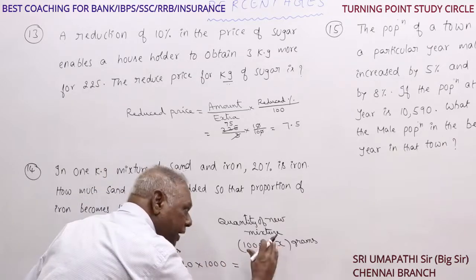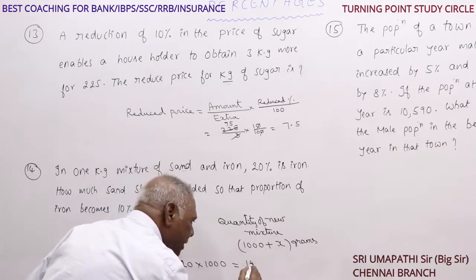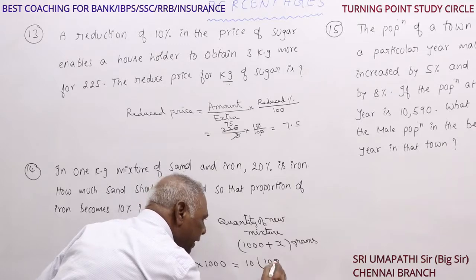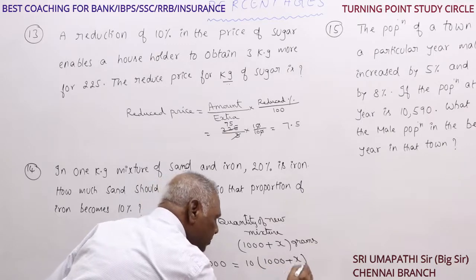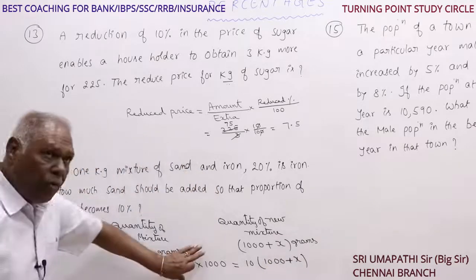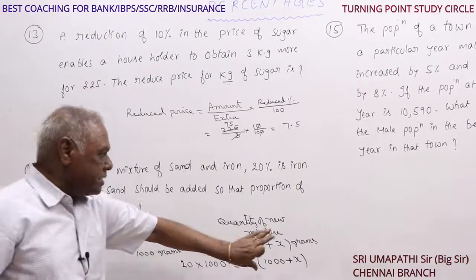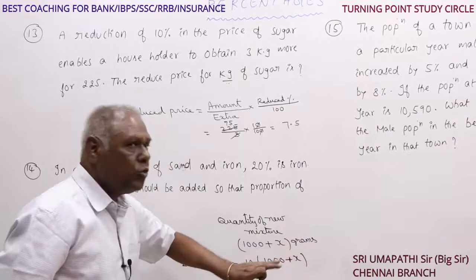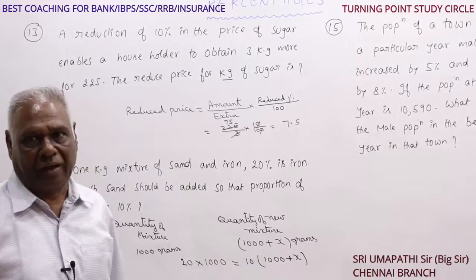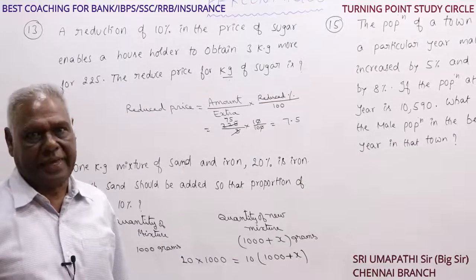After adding x grams of sand, it becomes 10%. 10 of 1000 plus x. Here, what is the iron quantity? The same iron quantity is also in the new mixture. So they must be equal. Equate and find what is x.